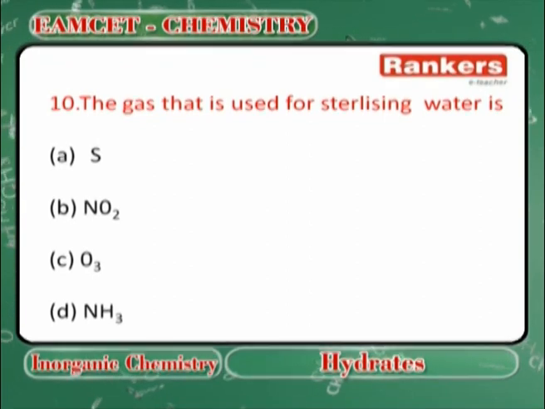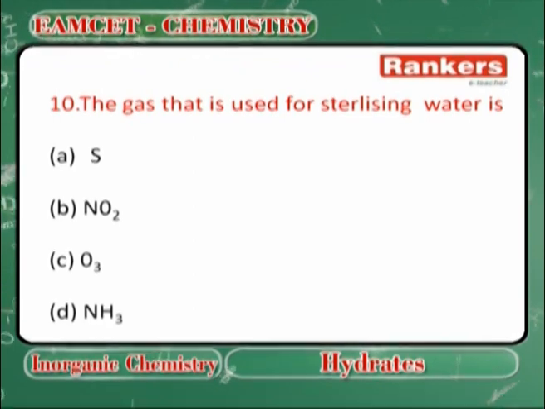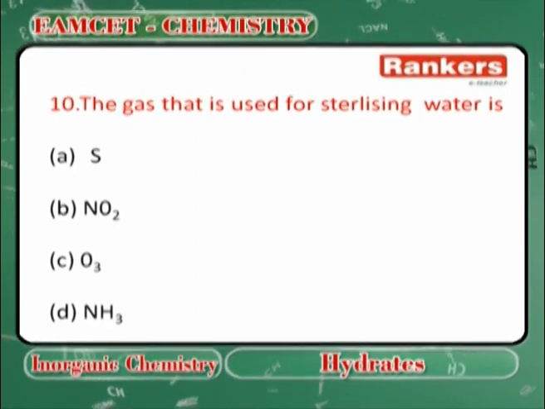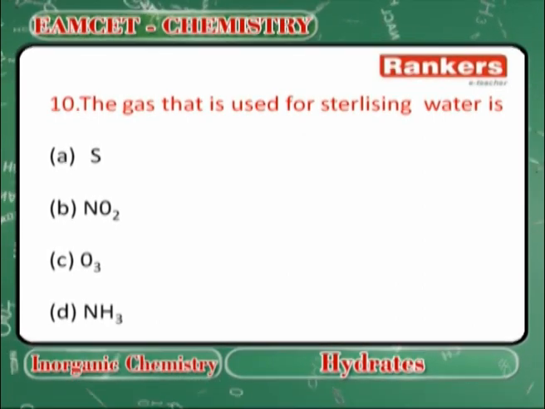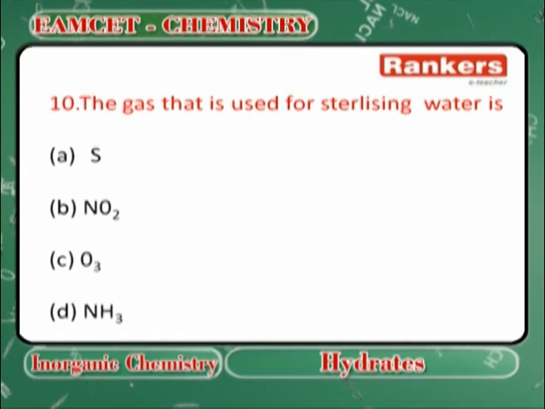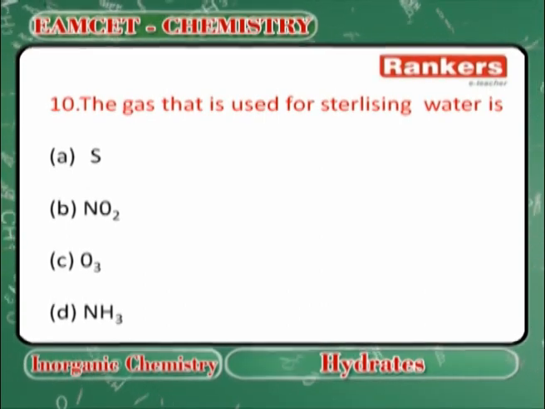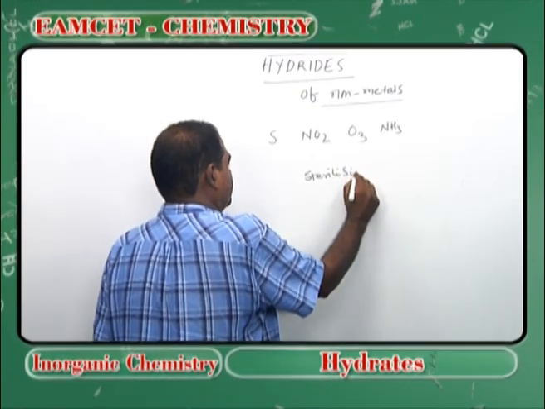The gas that is used for sterilizing water, it is a revision question. As usual, I am using the last 1 or 2 questions. So, sulfur dioxide, NO2, O3. What is the fourth option? It is NH3. Which can be used for sterilizing water? What do you mean by sterilizing water?